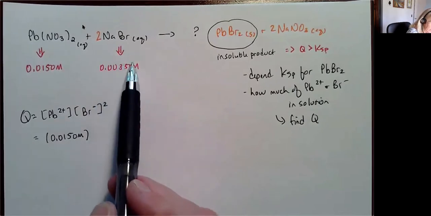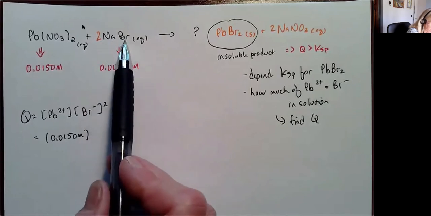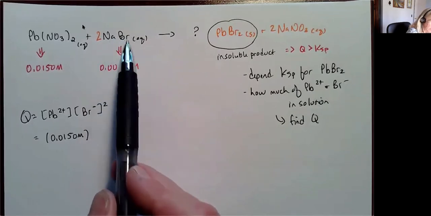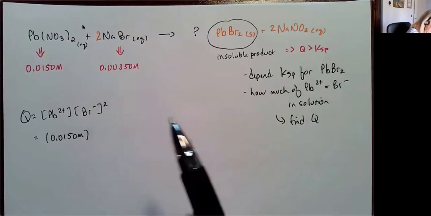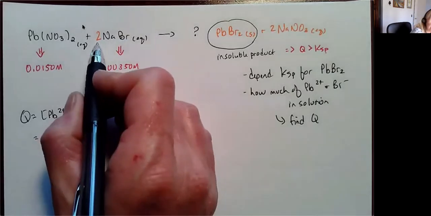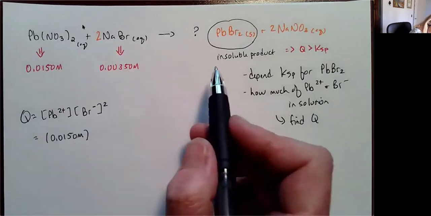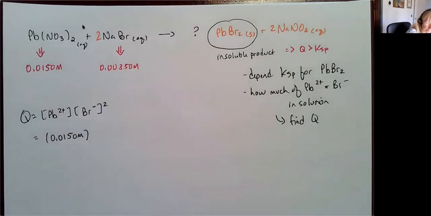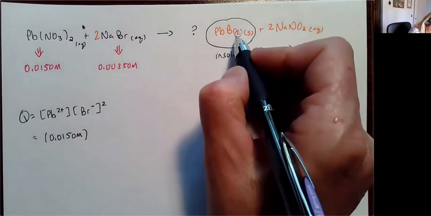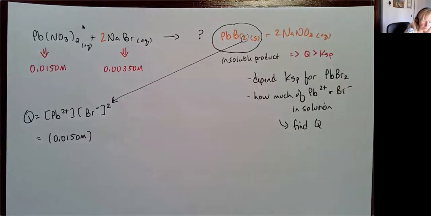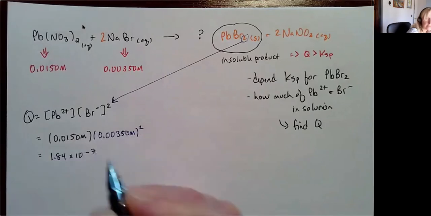When this dissociates, I'm going to form one bromide and one sodium. So this is also going to be the concentration of my bromide ion in solution. I'm going to ignore this stoichiometry, because my stoichiometry here is coming from my product. I'm going to find this stoichiometry. That's my 2 here. That's going to give me a value of 10 to the minus 7.